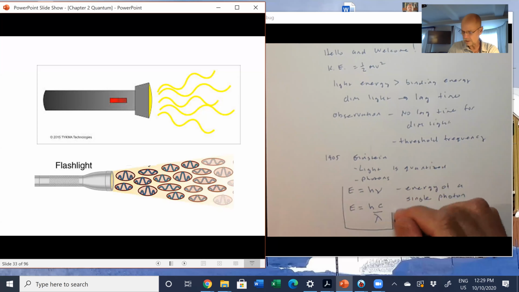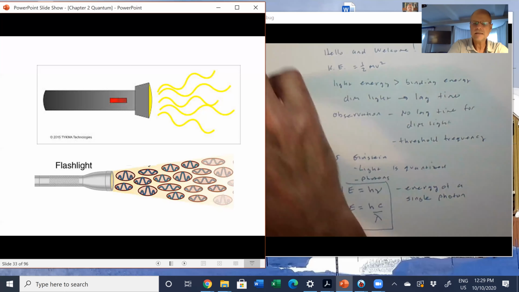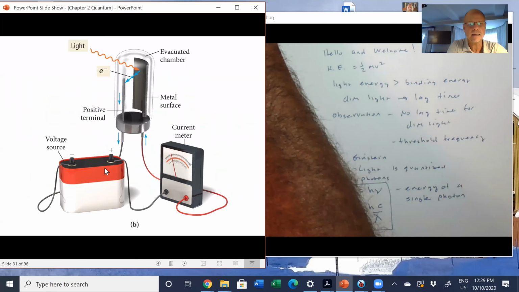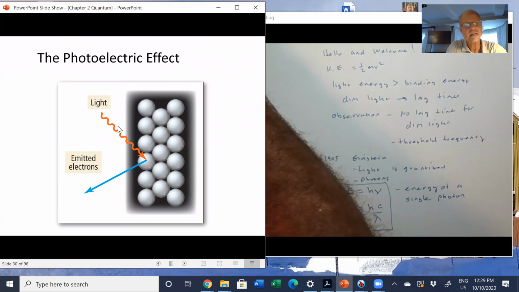These two equations describe the quantization of light. So how did this explain the photoelectric effect? Well, the idea was that in order for a photoelectron to be emitted, a single photon of light had to have enough energy to overcome the binding energy of the electron in the metal, right?